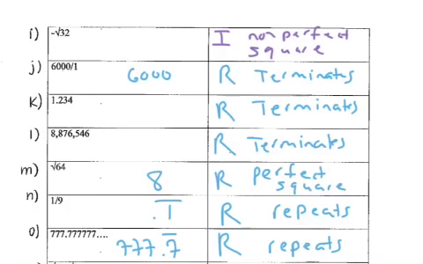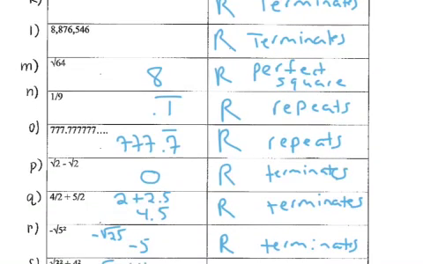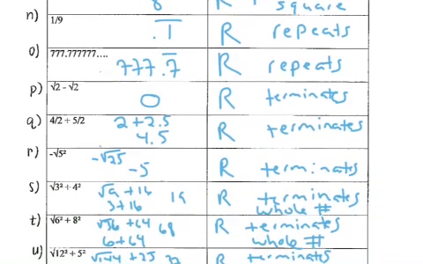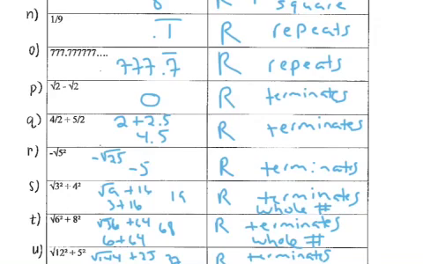M, square root of 64 is 8. It's rational because it's a perfect square. N is rational because it repeats. 0.1 repeating is the same as 1/9. O is rational because it repeats, 777.7 repeating. P is 0, rational.